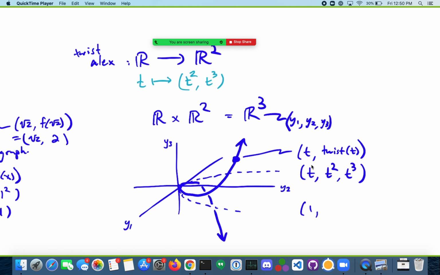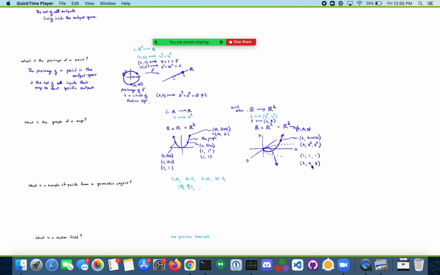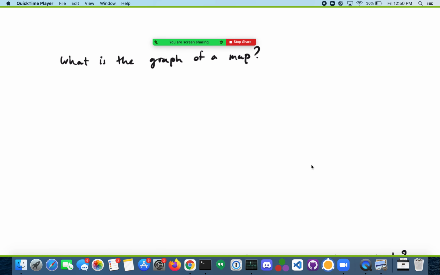Okay, so for example, 1, 1, 1 is on the graph somewhere, but also 2, 4, 8 is on the graph, because 2 maps to 4, 8. And so it's on the graph. So what is the graph of a map?